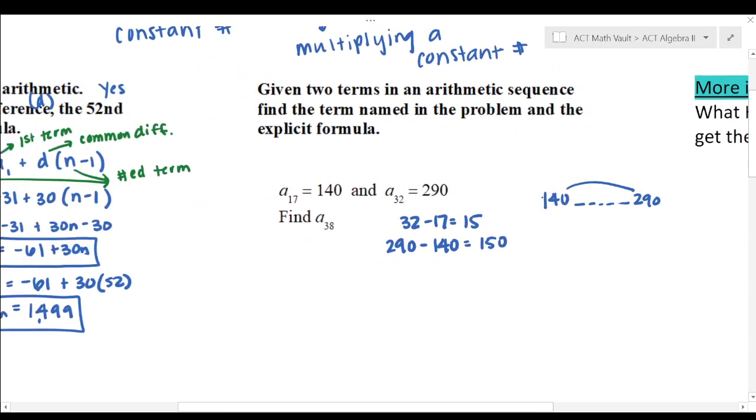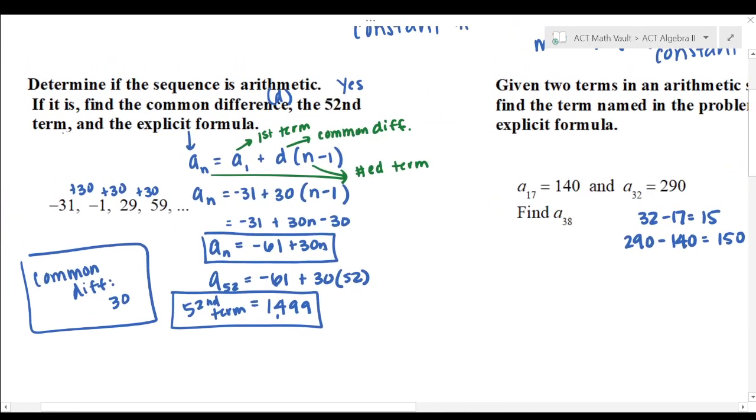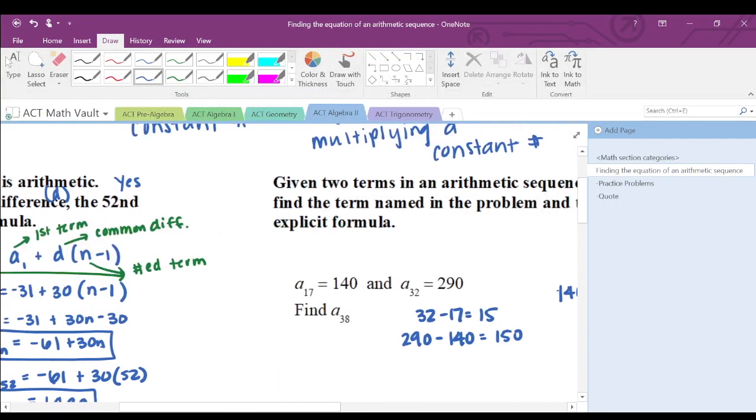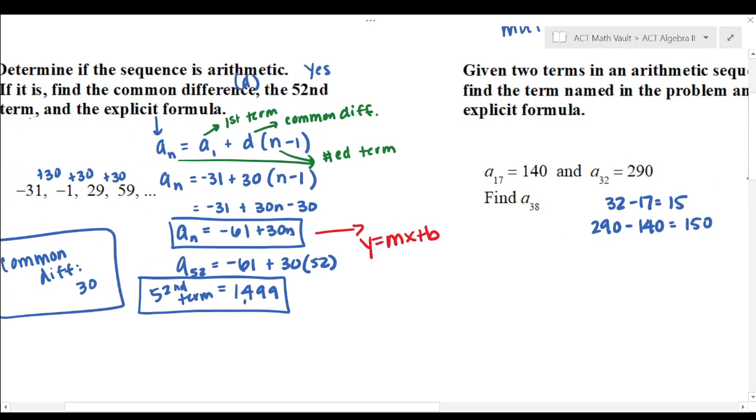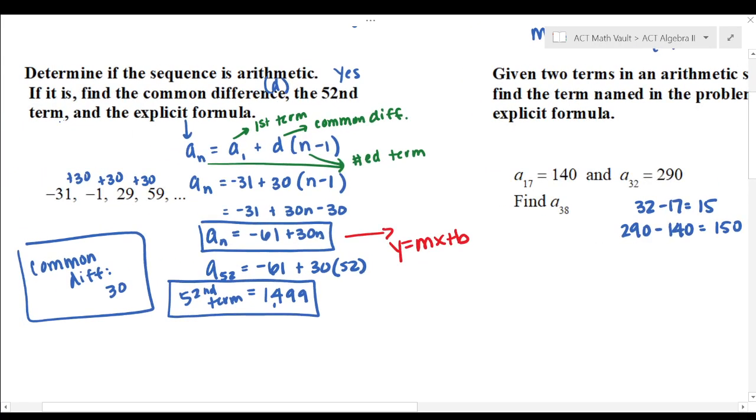Okay, so let's think about one fun fact here. This a sub n equals number plus number times n is so similar to y equals mx plus b. So an arithmetic sequence is just like a linear function, meaning you are adding that same number to go from one number to the next.